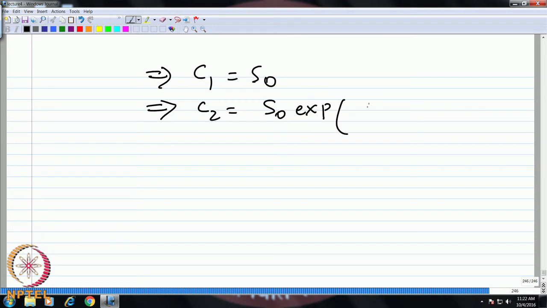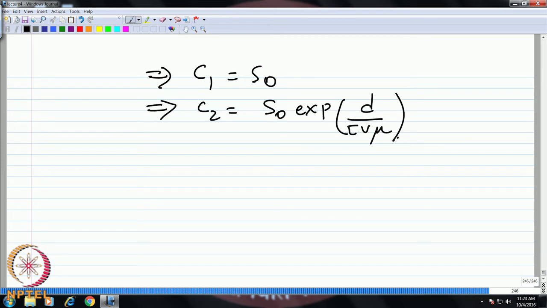S naught. So, you have C 1 is equal to S naught from the second boundary condition. Your C 2 turns out to be S naught e raised to d upon tau v nu.